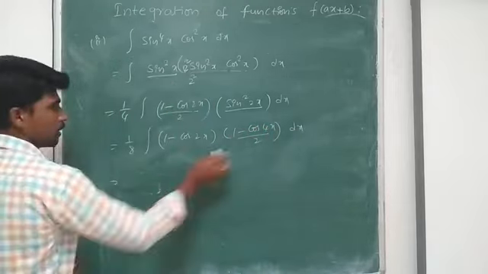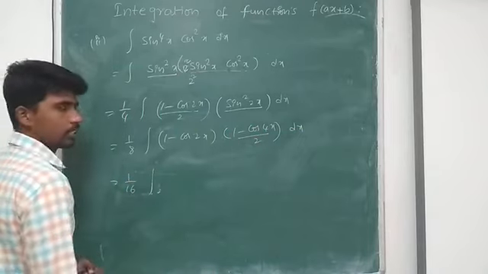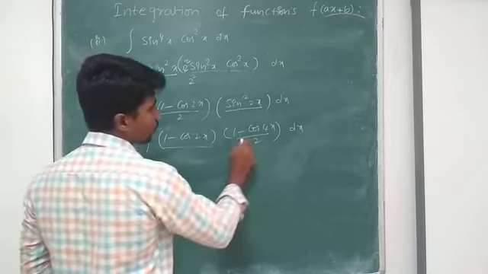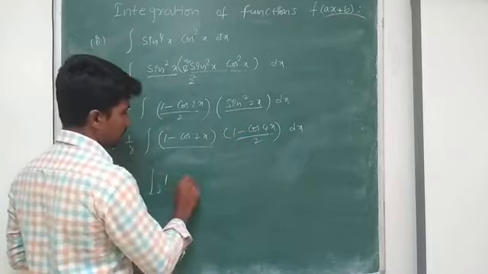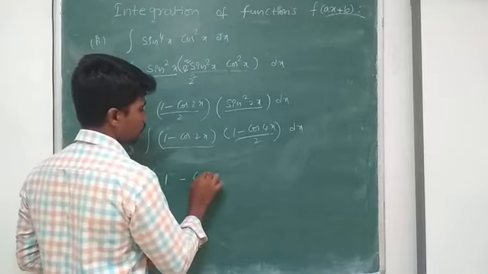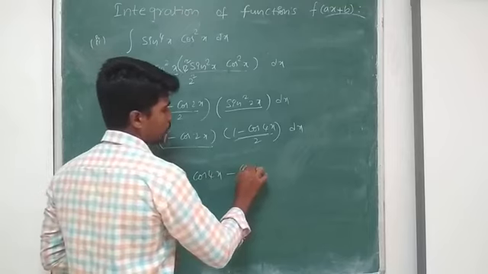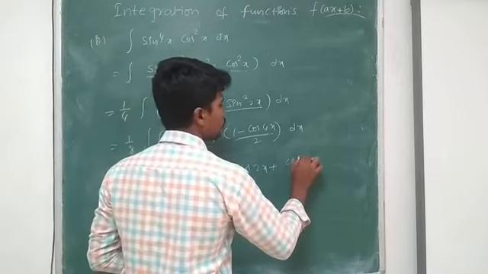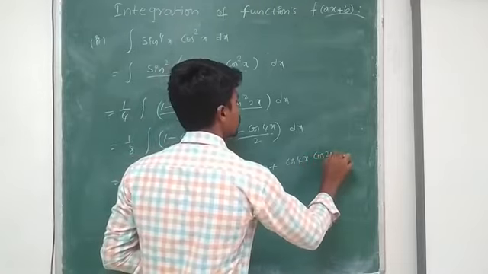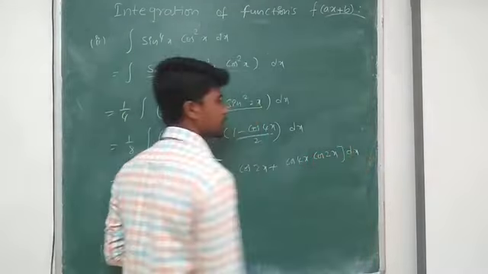Now again, these two can be taken out and multiplied. 1 by 16 into integral 1 minus cos 2x into 1 minus cos 4x. 1 into 1, 1 minus cos 4x minus cos 2x plus cos 4x into cos 2x dx.